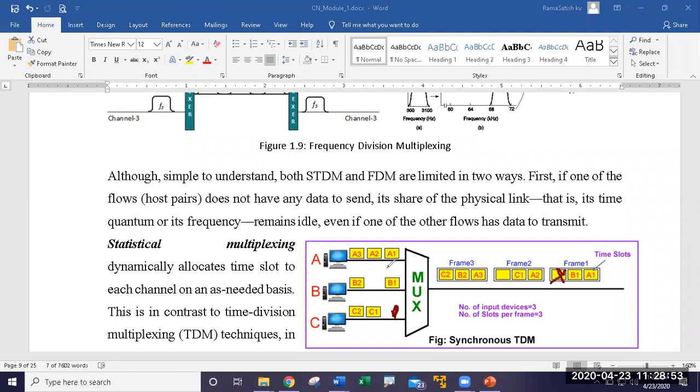In the second round of frames, A has a second frame, B doesn't have any frame, so that slot is gone. B also did not send any packet, so unnecessarily it is wasted. Only in the third slot is it being used. This is the major problem that we have with respect to time division multiplexing.